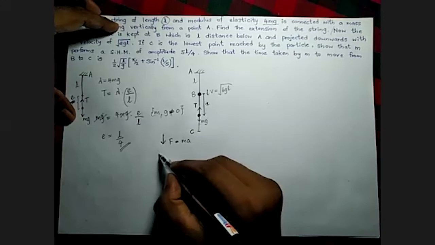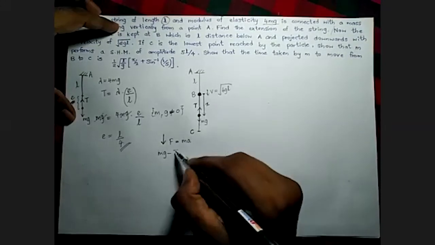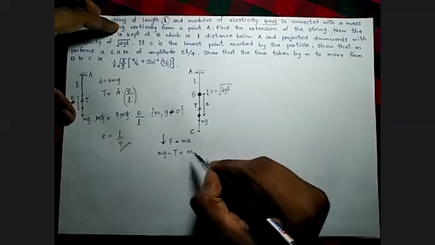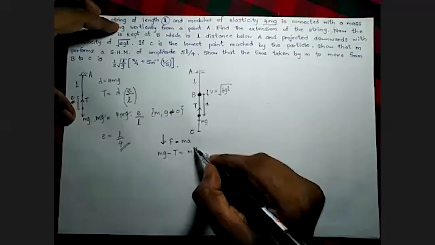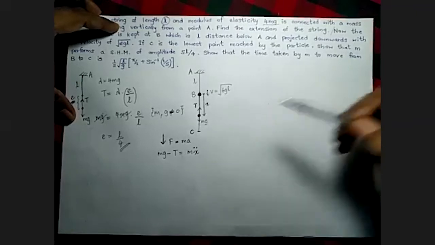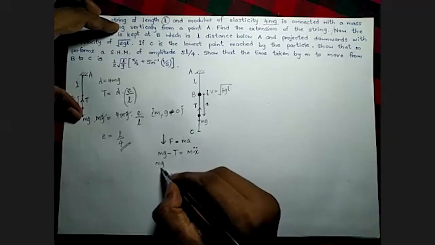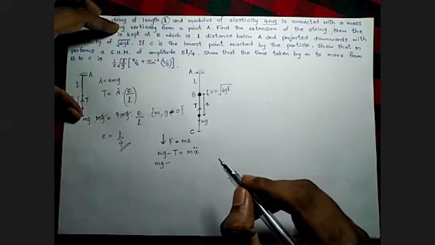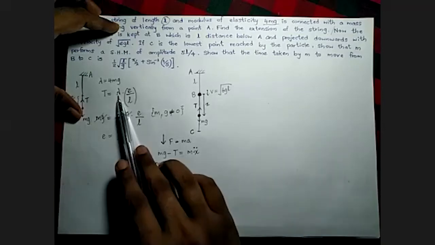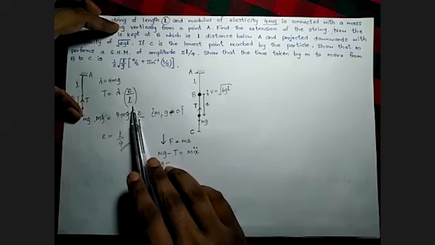Then downward force is mg minus upward force is tension, equals m into acceleration, which is x double dot. Displacement is x, then acceleration is the second derivative of displacement, x double dot. Then what is the tension? Tension is equivalent to modulus of elasticity into extension over natural length.